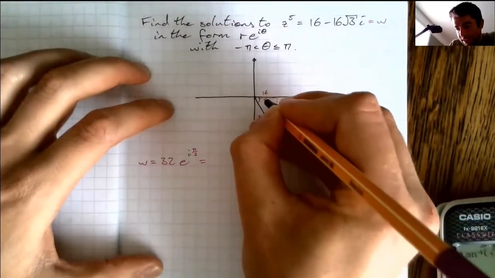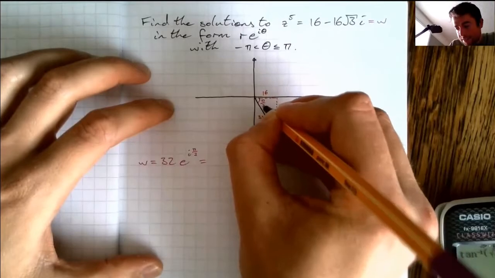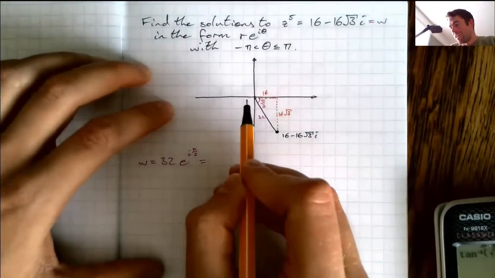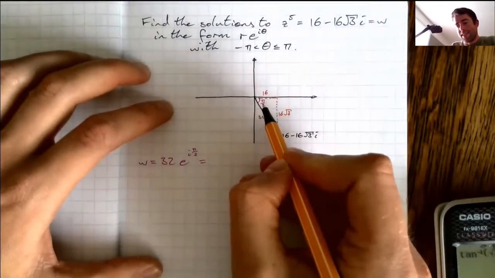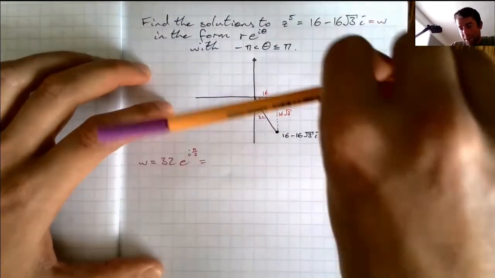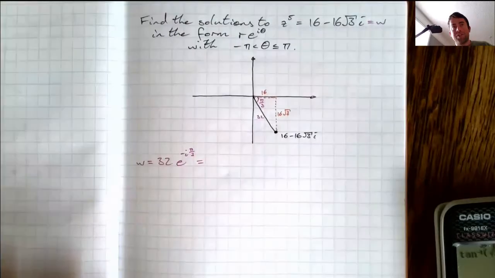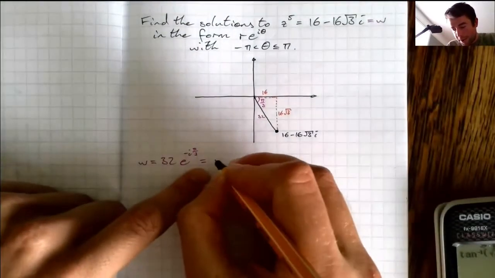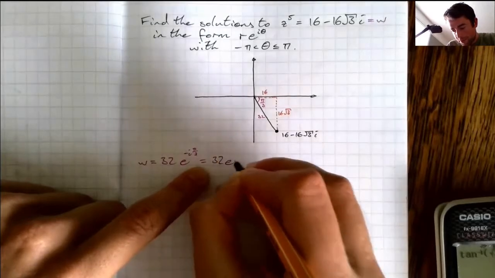I've just noticed a little mistake that I made, but I've noticed it because I've done a sketch. The inverse tan came out as pi over 3, but it's below the axis, so this one should have been negative pi over 3. Okay, let's subtract 2 pi a couple of times.